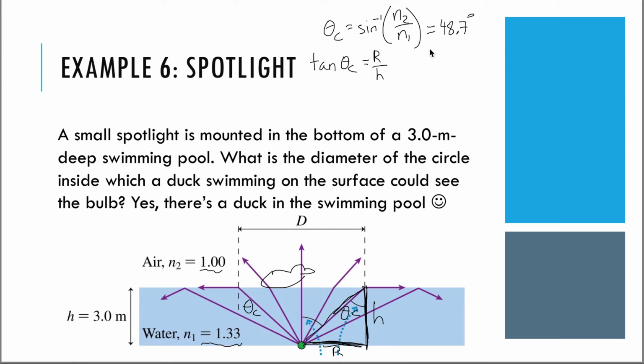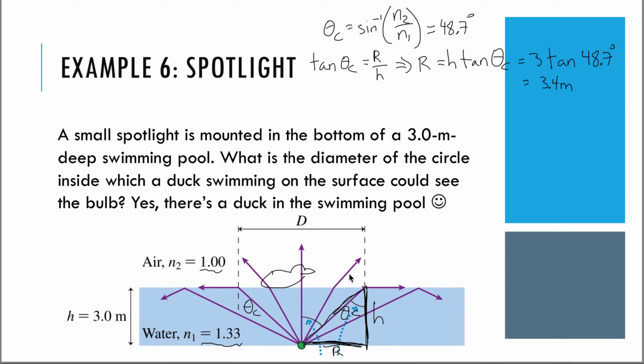We can use this to solve for R. R is going to equal H multiplied by the tangent of our critical angle. So we can plug in 3 for the height and multiply it by the tangent of 48.7 that we just found. And we're going to get 3.4 meters. That's the radius.